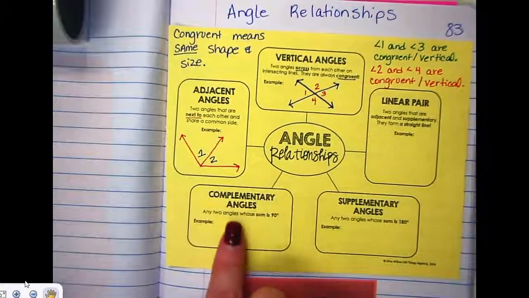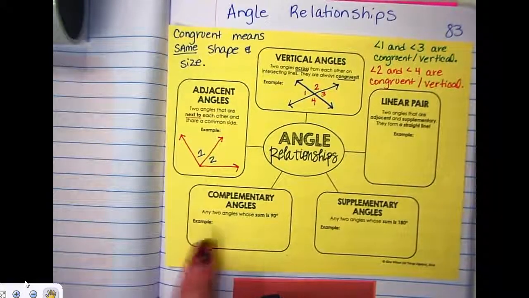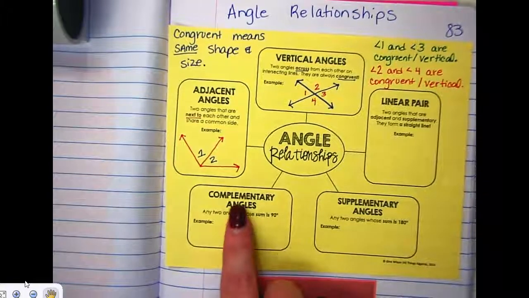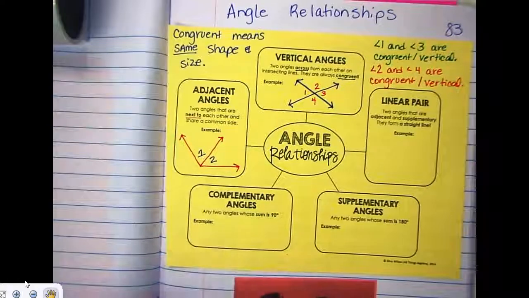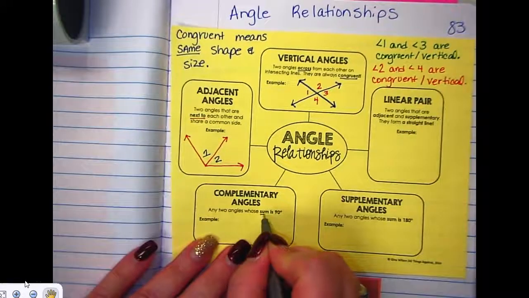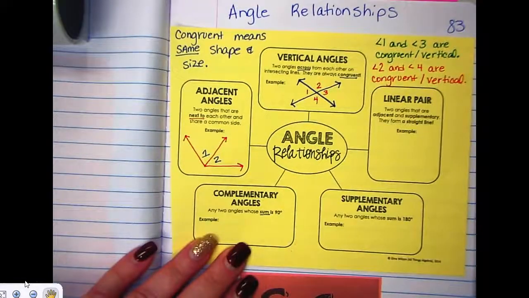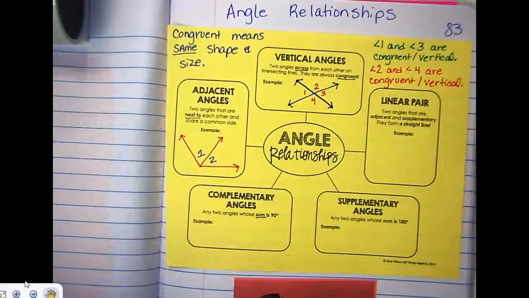All right, let's go down here to complementary angles. Two angles whose sum is 90 degrees. What does sum mean? Addition problem. So there are two angles that when you add them up, their angle measure equals 90 degrees.